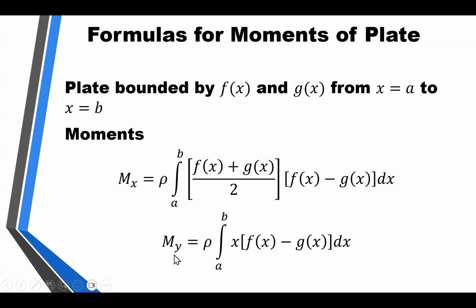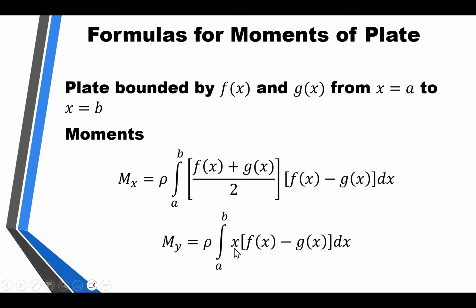Let's talk about the moment from the y-axis first. This f of x minus g of x, that's the length of the rectangle. And if I'm saying how far is that from the y-axis, well, it's whatever x value we're at.